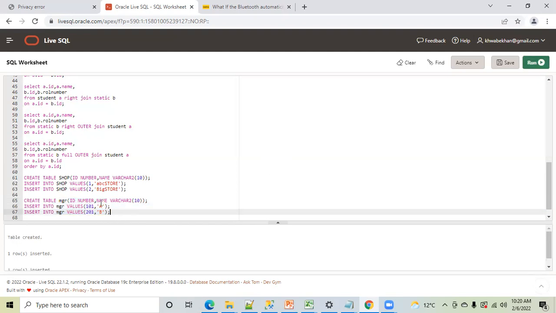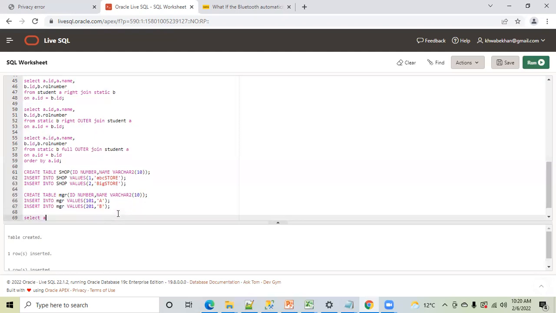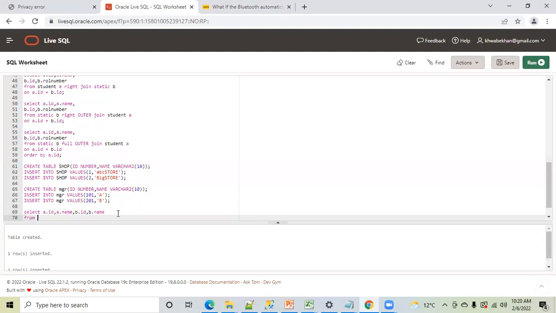I have created two tables, one is the shop table, another is the manager table. I'm writing a query: select a.id, a.name, b.id, b.name from shop, manager. I am running this query, and tell me whether I will get any error or what will happen.